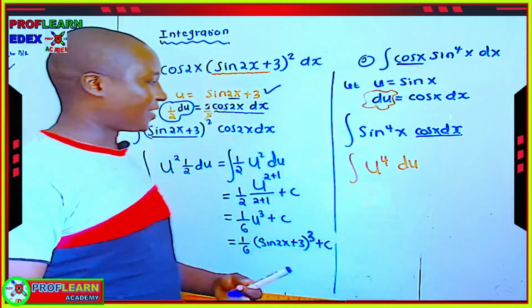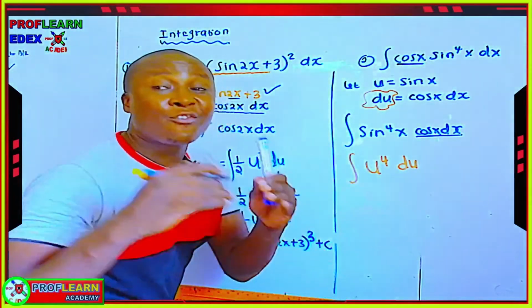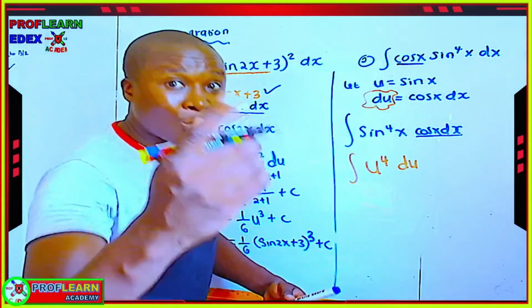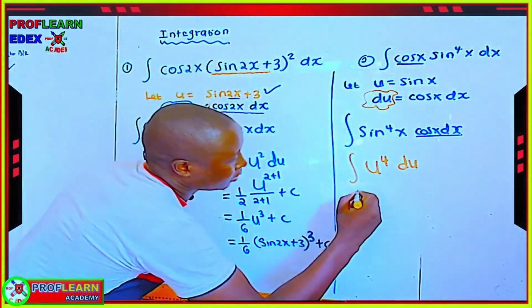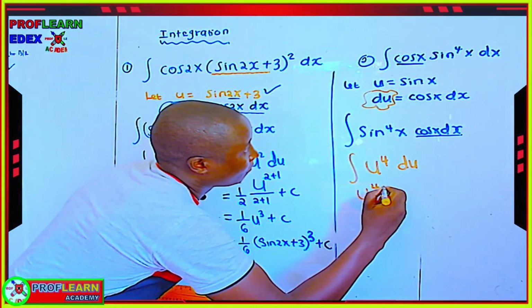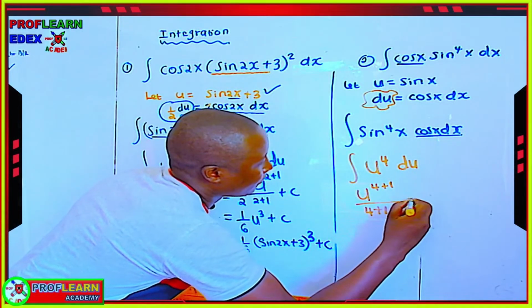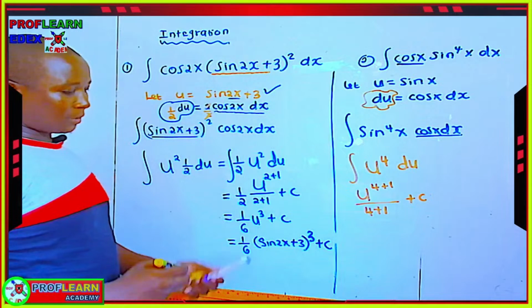So once you have this, you can perform the normal integration technique for polynomials. This is going to be u power 4 plus 1 over 4 plus 1, then plus c at that point.